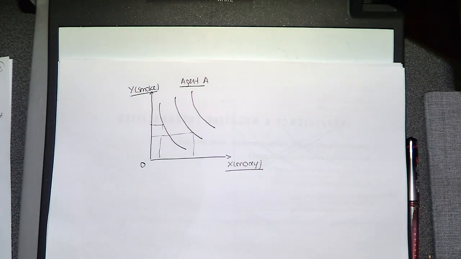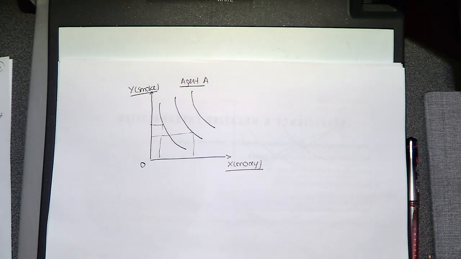This is the property of the indifference curves: marginal rate of substitution decreasing, convex, the farther from the origin the more preferred, and so on. You know the properties, we don't need to do them here.